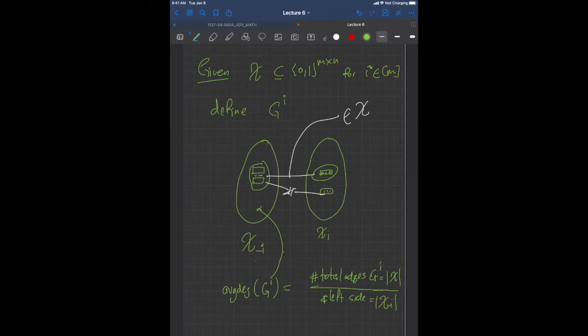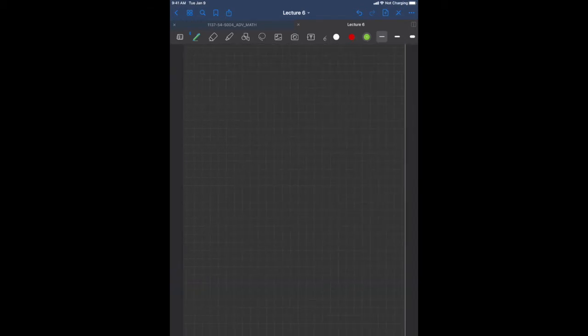So this is going to be my information measure. So the definition is that the ith average degree of this set X, remember that set X is a set of matrices, m by n matrices, is the cardinality of X divided by the cardinality of X minus i.